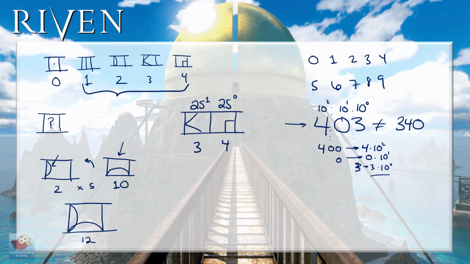So just as we did right here, to compute what this number is, you would take the face value times the place value, 3 times 25 to the first, plus face value 4 times the place value, 25 to the 0. Well, 25 to the first is 25, times 3 is 75, 25 to the 0 is 1, times 4 is 4. So this is the symbol for 79.